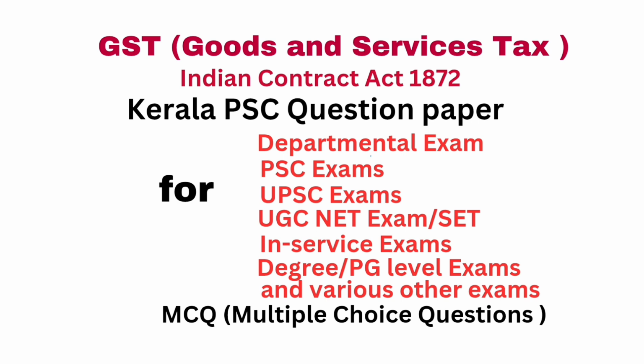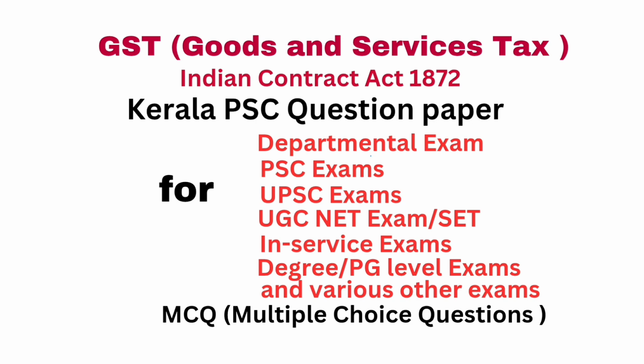Question number 47. In case of offences like tax has not been paid or short paid or erroneously refunded or input tax credit has been wrongly availed or utilized for any reason other than reason of fraud or any willful misstatement or suppression of facts to evade tax, shall be liable for penalty of.